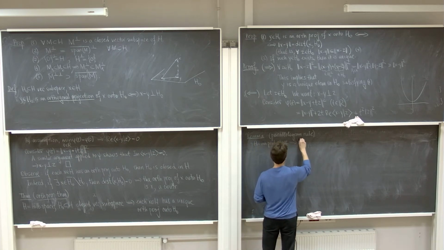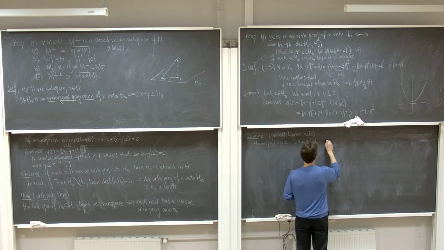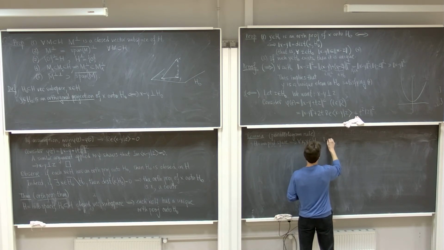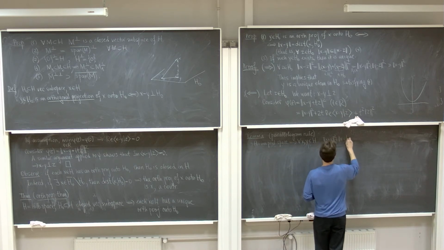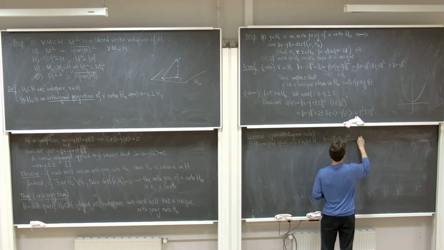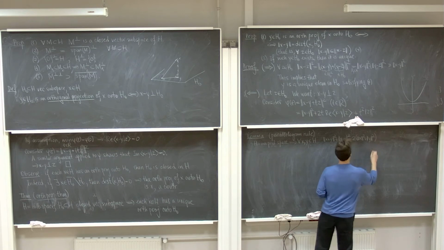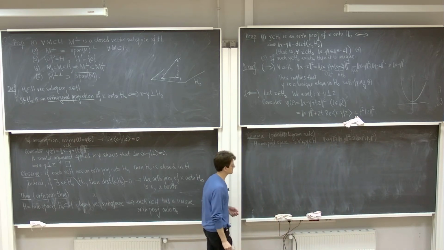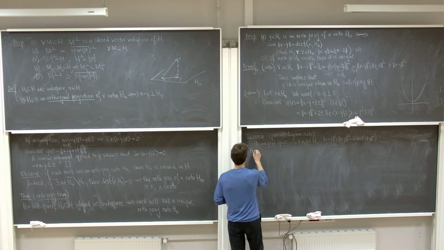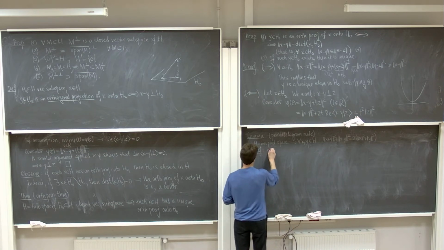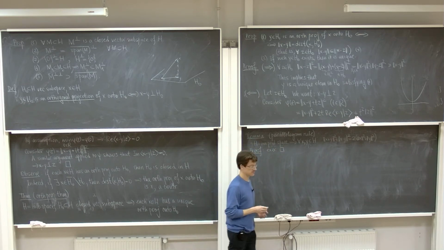Then, for each pair of elements x and y, we have the following equality. The proof is an elementary exercise. A little computation shows that this is indeed the case.